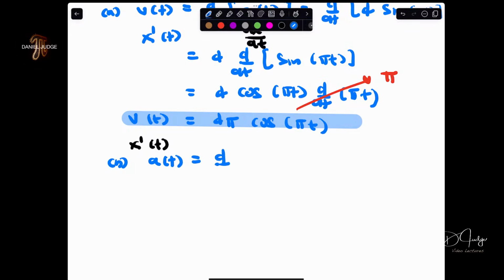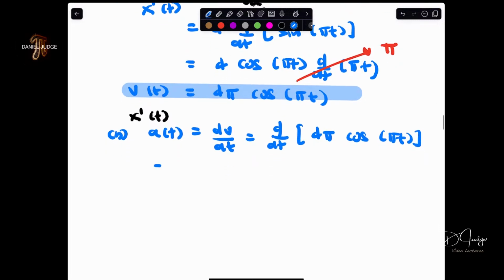Acceleration is the derivative of velocity. So we're going to differentiate velocity now. Differentiate the 4 pi cosine pi t. Now pull out your constant here. What's the derivative of cosine pi t?